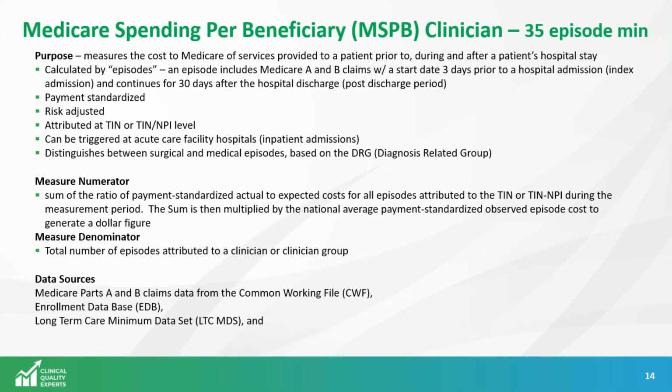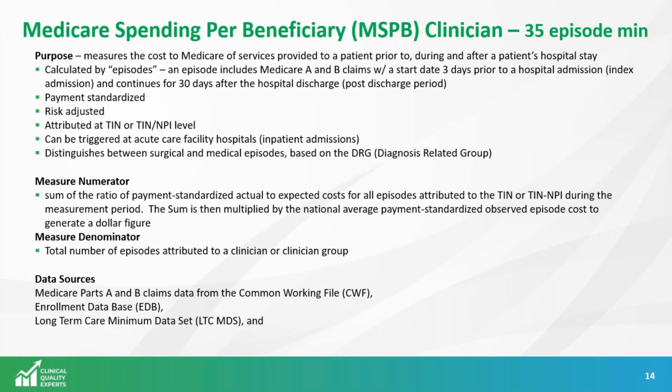So once an eligible admission occurs, the episode is considered to be the 3 days prior to that admission, and then continues on until the last 30 days after the patient's discharge. These episodes are medical or surgical and get attributed at TIN or TIN-NPI levels.